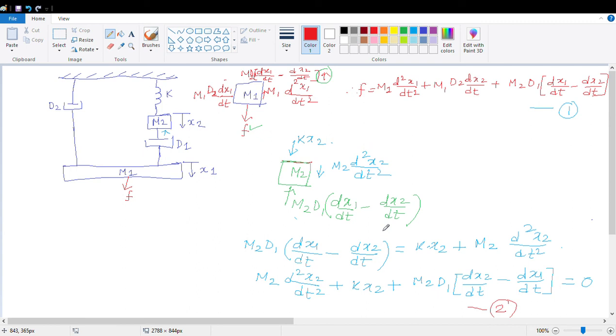The number of masses determines the number of free body diagrams, and depending on that we write the equations. As there are two masses, there will be two free body diagrams and two different equations.